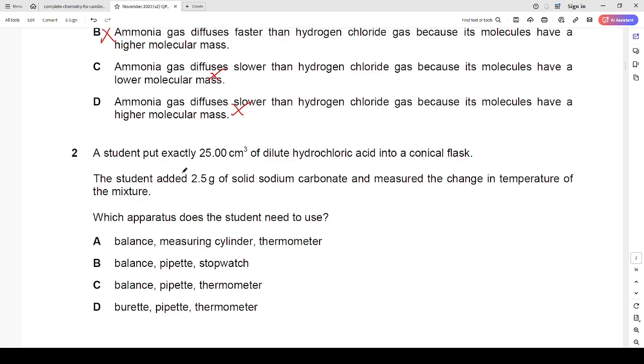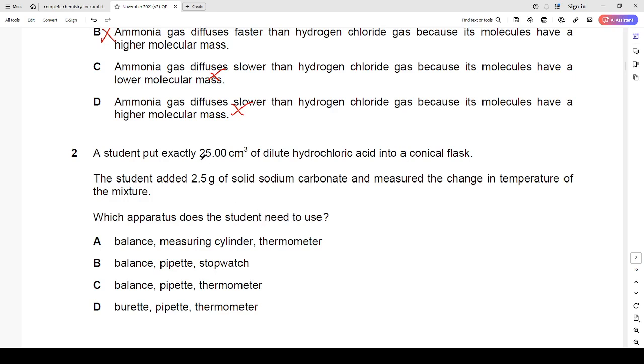Okay, the second question. A student put exactly 25.00 centimeter cube of dilute hydrochloric acid into a conical flask. The student added 2.5 grams of sodium carbonate and measured the change in temperature of the mixture. Which apparatus does the student need to use?